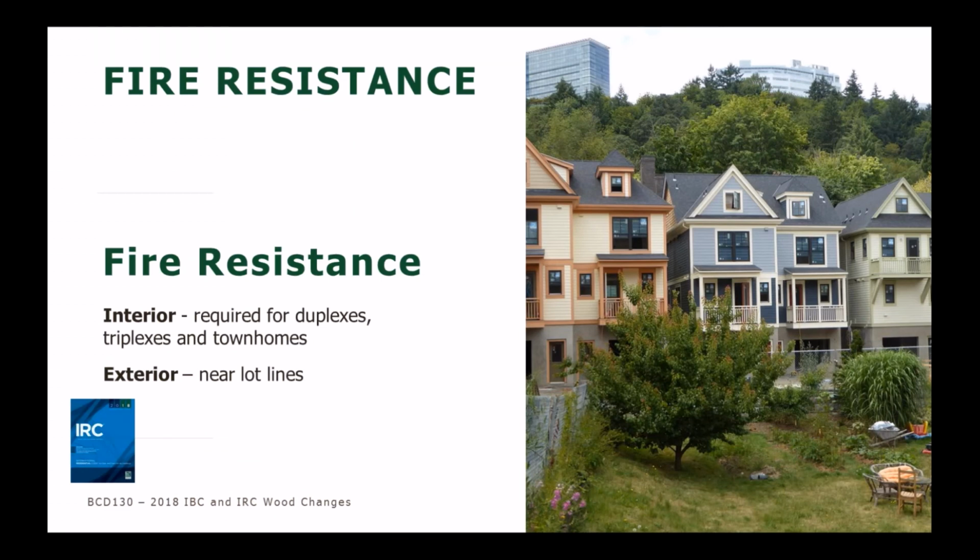So with the IRC, we rely more on the IZC, the International Zoning Code, to deal with the exteriors and lot lines, just like we do with the IBC. But in some areas of the country, the zoning code is not adopted, and there's either local zoning requirements or they're actually using the IRC and the IBC to do those limits.